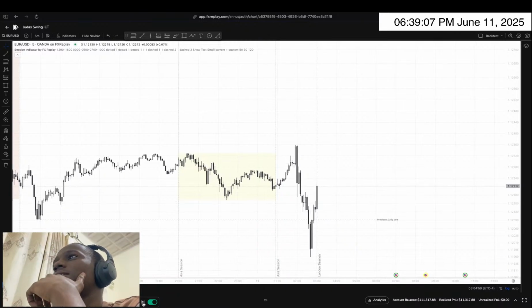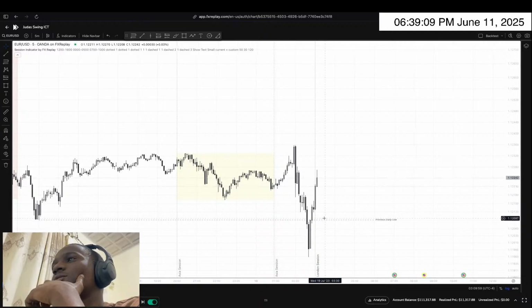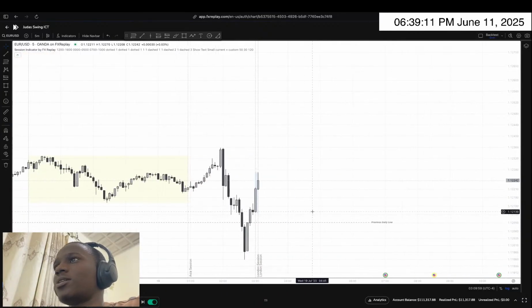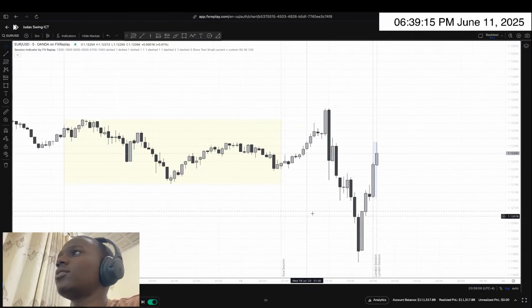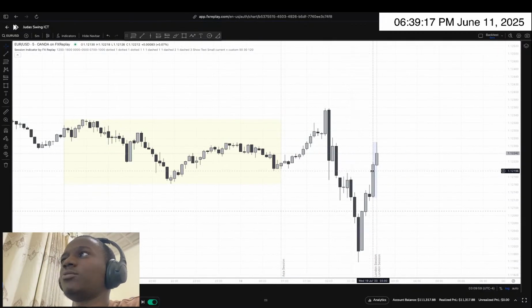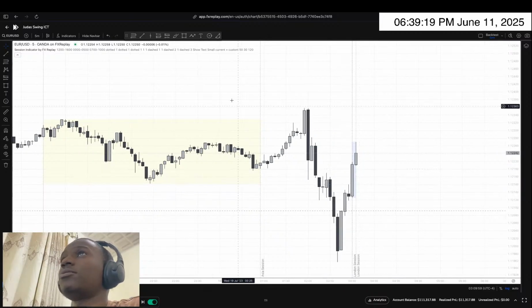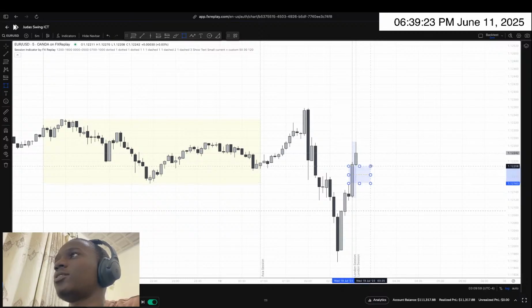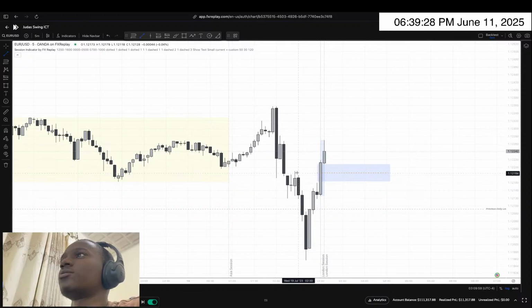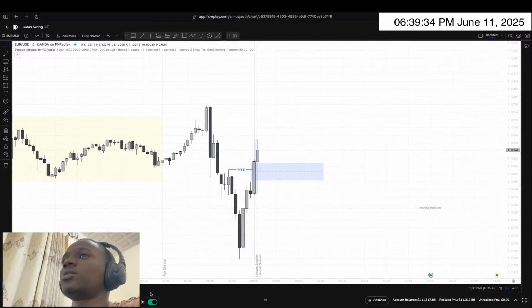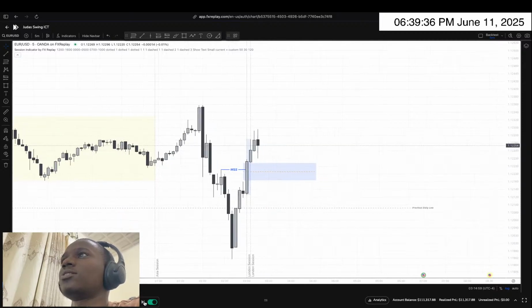It's already in session, and one thing I want us to mark is right here. You can see that we shift in structure and create a fair value gap, which will be a great candidate for the silver bullet. And we have this shift in structure from this high, which means if we get a retracement, then we can enter off of it.